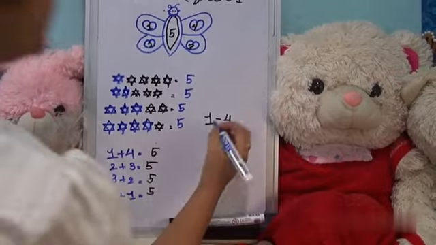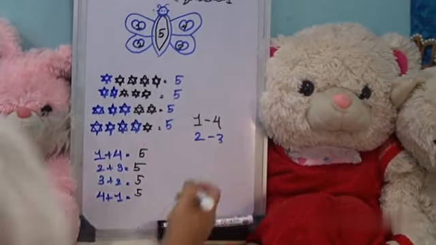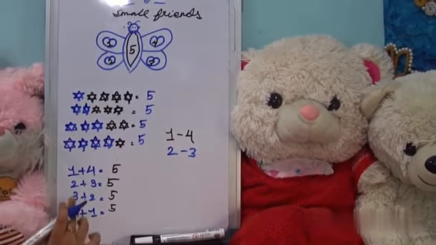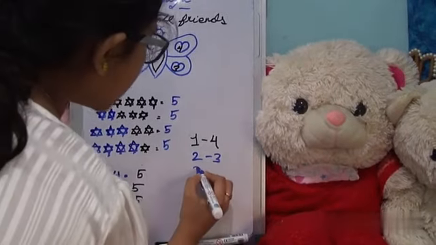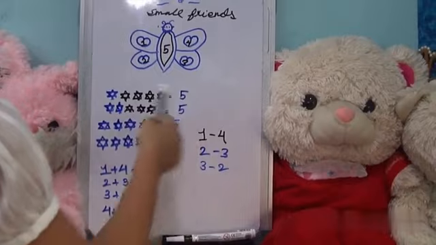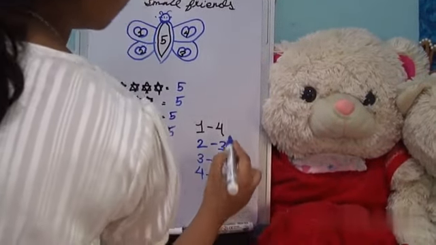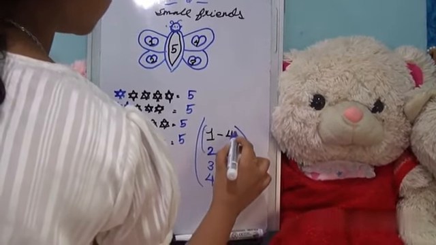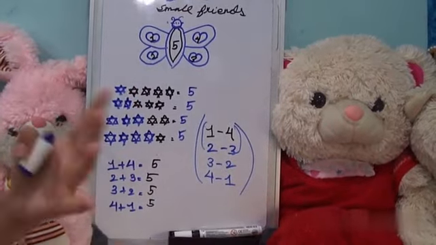So 2's friend is 3, or you can also reverse it and say 3's friend is 2, just like I have written here. 3 plus 2 is also 5. So 3's friend is 2, and you can also reverse this one. So 4's friend is 1. You just have to remember these two friends. You can remember just these two and reverse it whenever you need.